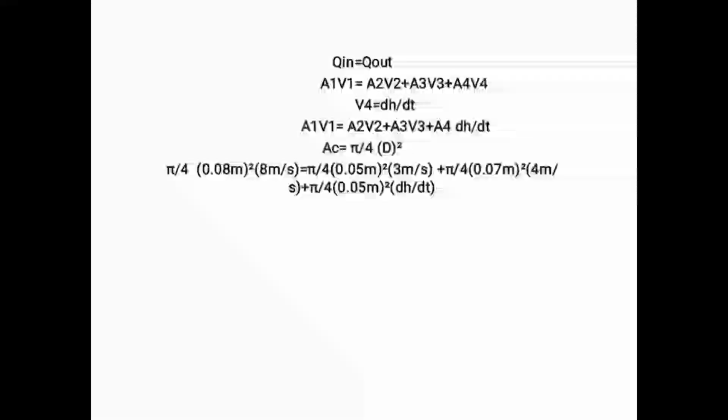So here we know that area 1 equals pi over 4 times 0.08 meter squared, times the velocity of pipe 1, 8 meters per second, equals area 2, which is 0.05 meter, squared, times the velocity of pipe 2, which is 3 meters per second, plus the area of pipe 3, which has a 0.07 meter diameter, and the velocity, which is 4 meters per second, plus area 4.